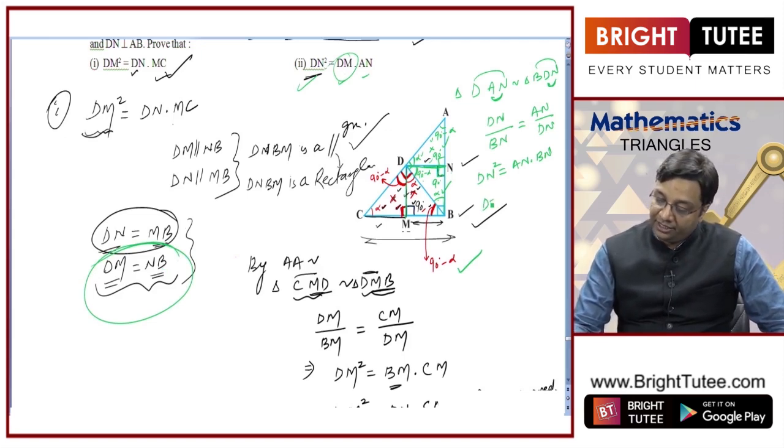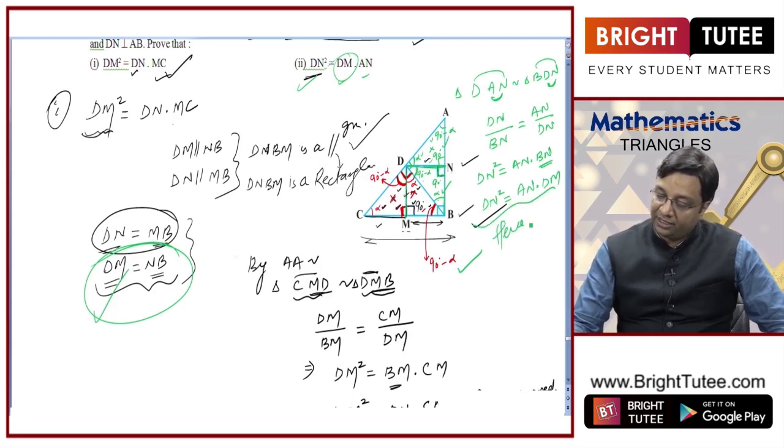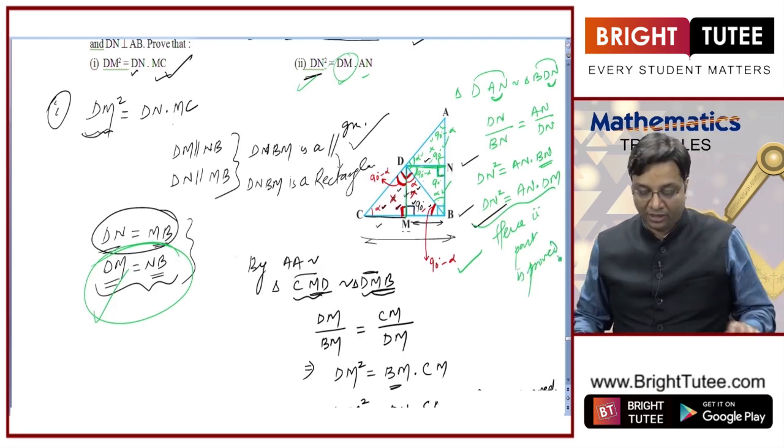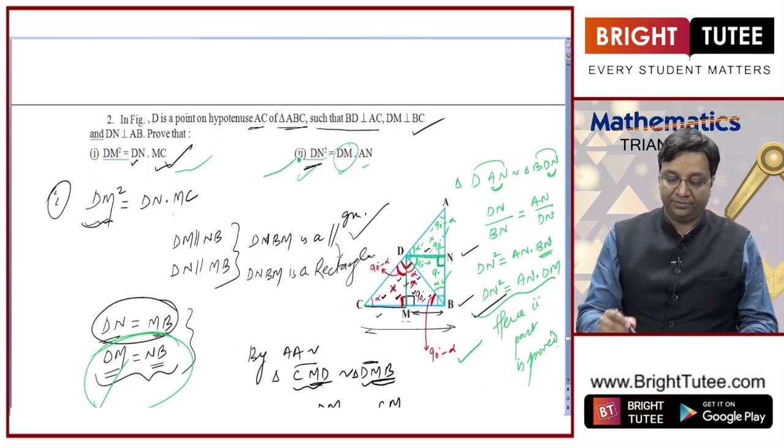So DN square is equal to AN into BN, I am replacing by DM, so into DM. And the second part is, hence second part is proved, right? So I used basic similarity to prove these two parts.